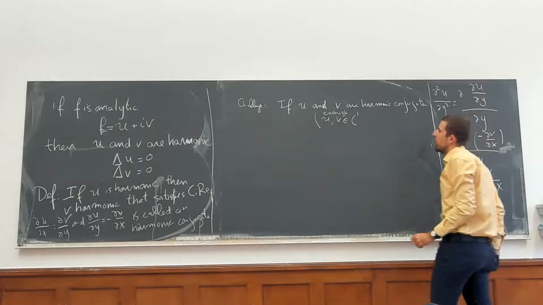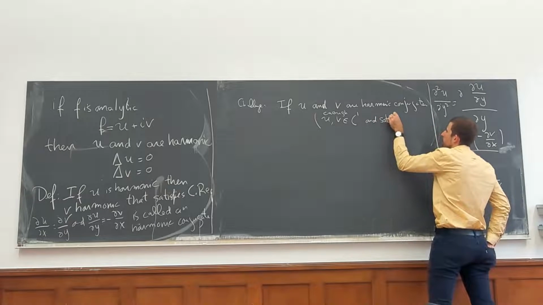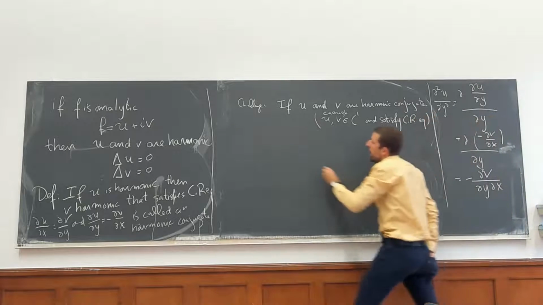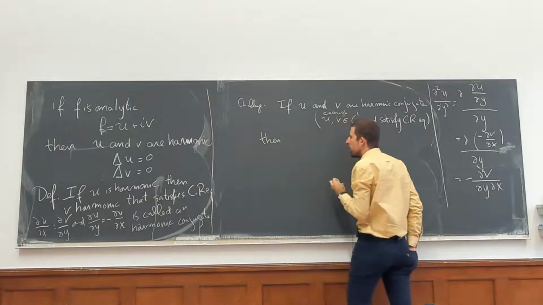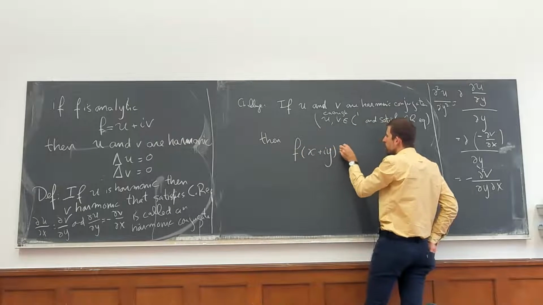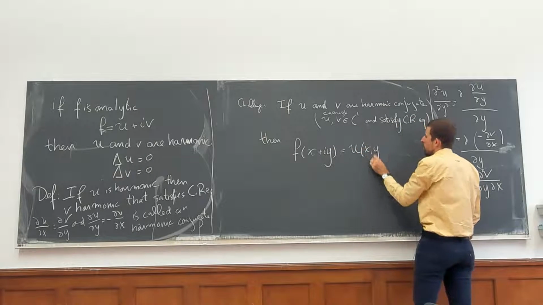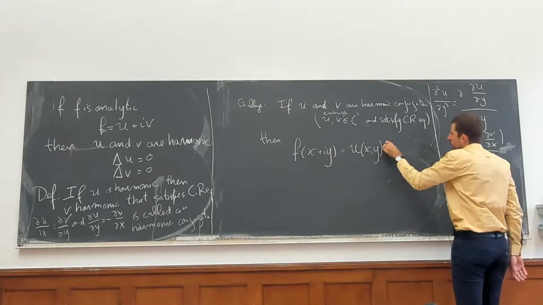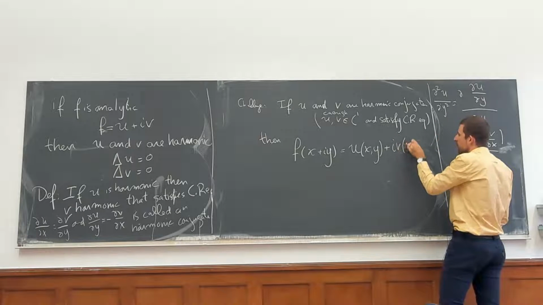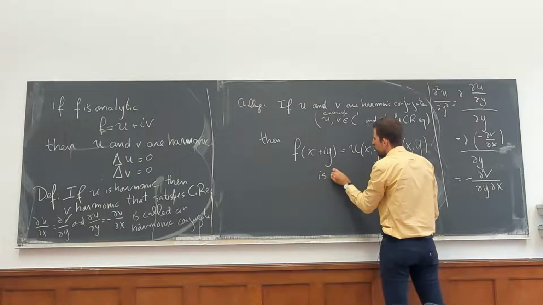Assume whatever level of regularity you need. u and v are C1 and satisfy Cauchy-Riemann. Then f of x plus iy equal to, let's do this properly, since I'm asking you to do it, I should be a bit more precise, is analytic.